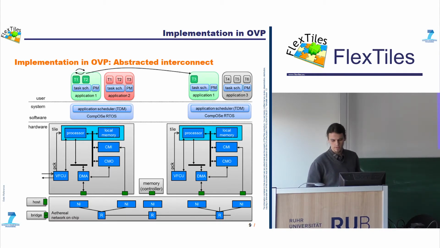We did exactly this, and it's fully compatible with the driver code of the operating system, so the operating system won't notice that there's no hardware below it. In fact, it's just this device in OVP which does all the interconnect.